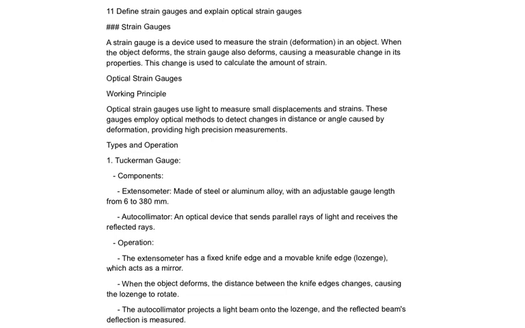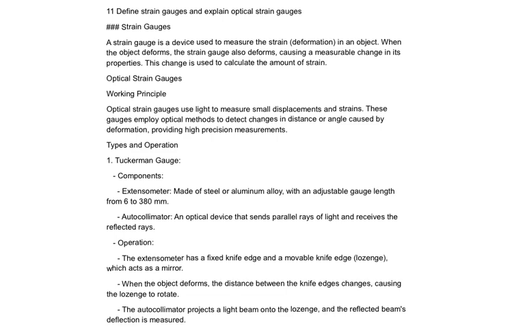Here the components are: an extensometer made up of steel or aluminum alloy, with an adjustable gauge length from 6 to 380 millimeter; and an autocollimator, an optical device that sends a parallel ray of light and receives the reflected ray.